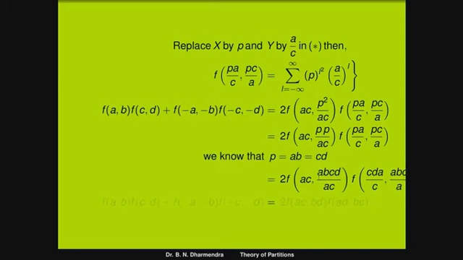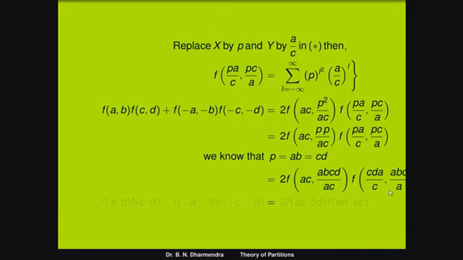You can cancel a and c here, into f of, we replace p by cd here, c's get cancelled, that is d into a, or it can be written as a into d comma. Then p into c means we replace p by ab, into c divided by a, here a gets cancelled, that is bc.